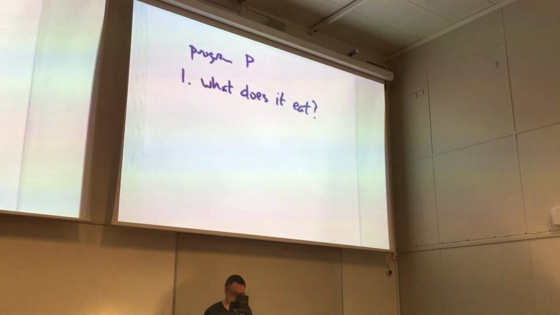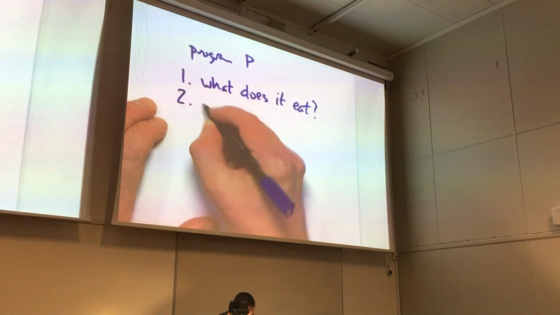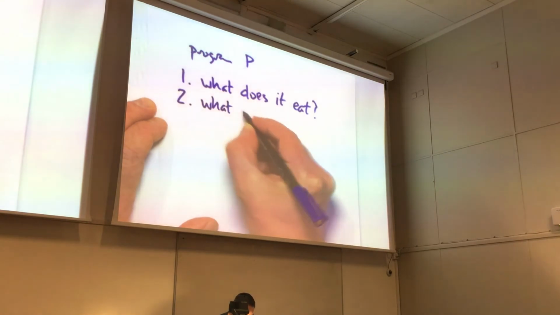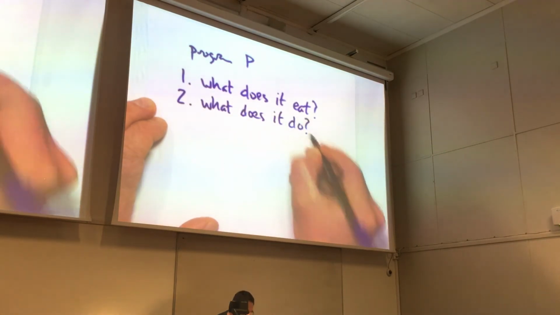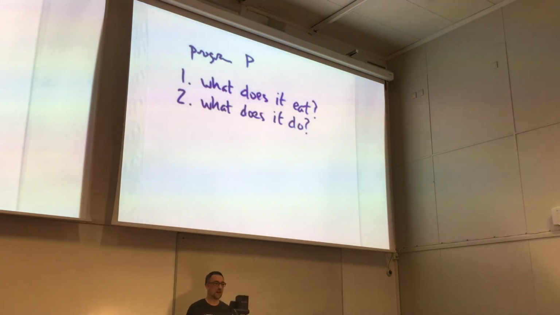And the other question we should ask about a program is, what does it do? For instance, it might run a game for us, or it might produce some output. We need to know what the program is going to do when it gets its input. These are things to know about any given program.